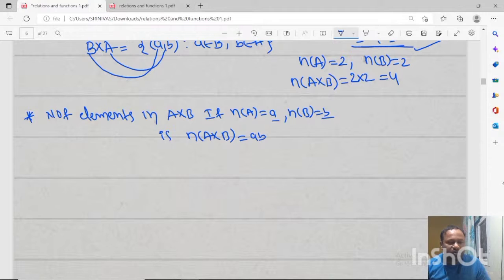Or simply we can say that N of A cross B is equal to N of A into N of B. This is the condition.